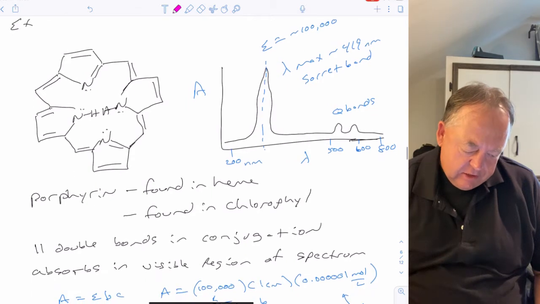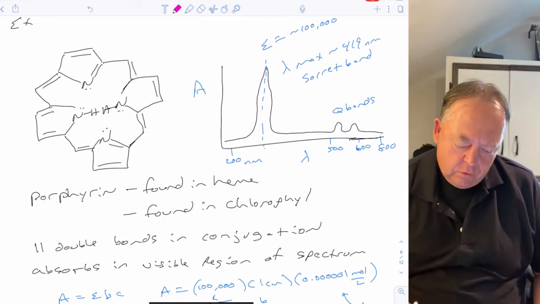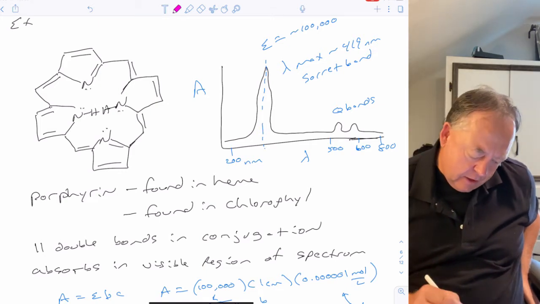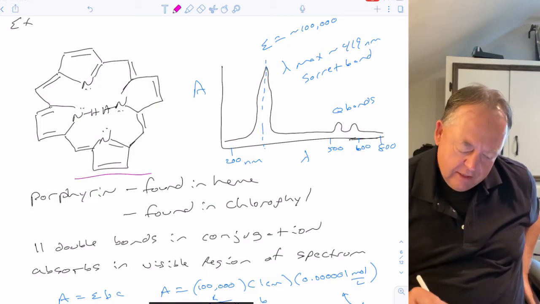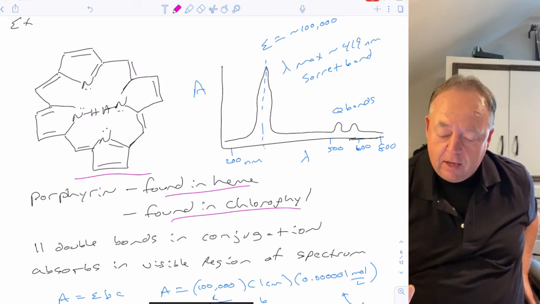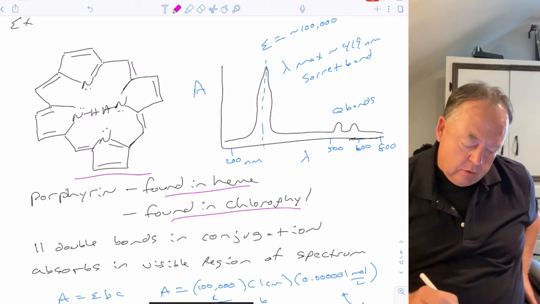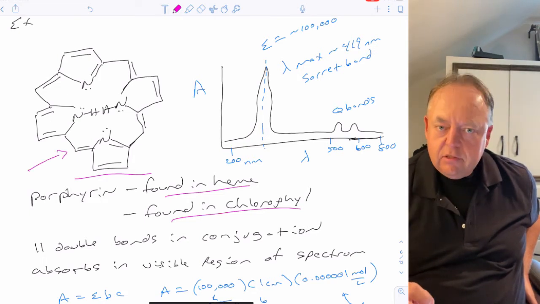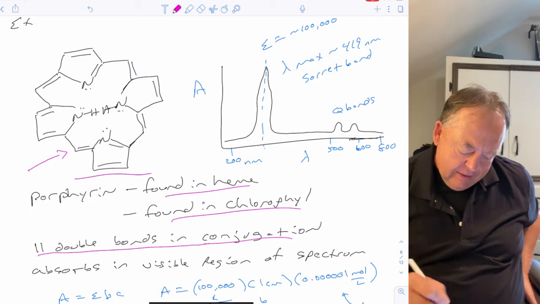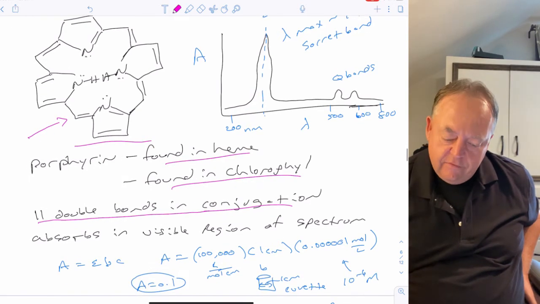Okay, just as an example, I work with porphyrins in my research, so we do UV Vis spectroscopy all the time, right? This is the basic structure of a porphyrin. Porphyrin is found in heme, it's found in chlorophyll, and of course you know that those compounds have color. One of the reasons why they have color is because of the porphyrin. It has 11 double bonds in conjugation, so it absorbs in the visible region of the spectrum.